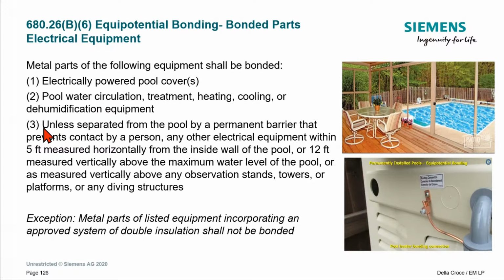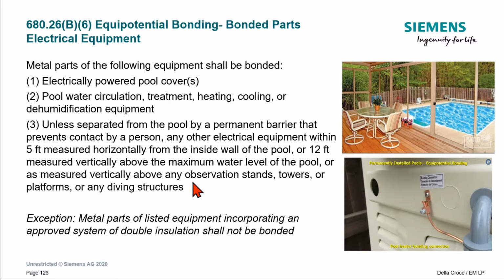And number 3, unless separated from the pool by a permanent barrier that prevents contact by a person, any other electrical equipment within 5 feet measured horizontally from the inside wall of the pool, or 12 feet measured vertically from the maximum water level of the pool, or as measured vertically above any observation stand, tower, or platform, or any diving structure.